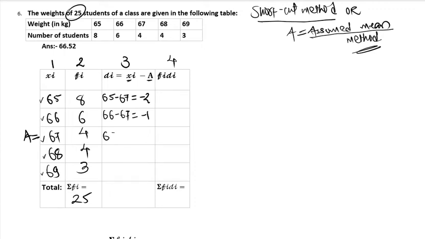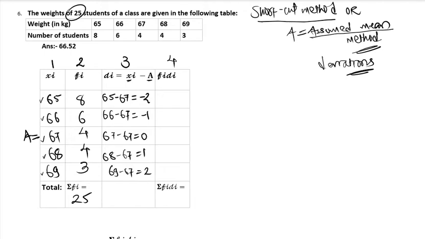Then 67 minus 67 is 0. Then 68 minus 67 is 1. Then 69 minus 67 is 2. So I got these Dis. These are known as Dis or deviations. So I got all the deviations.